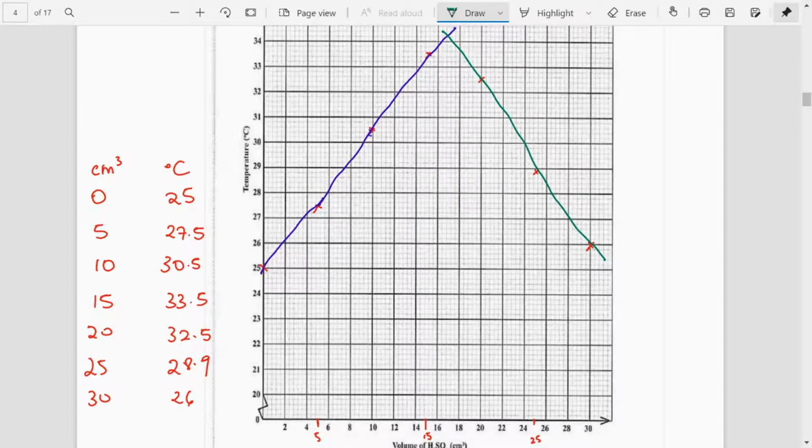All right, I think that's the best I can do, but of course you use your ruler to get a more accurate reading, not your freehand.